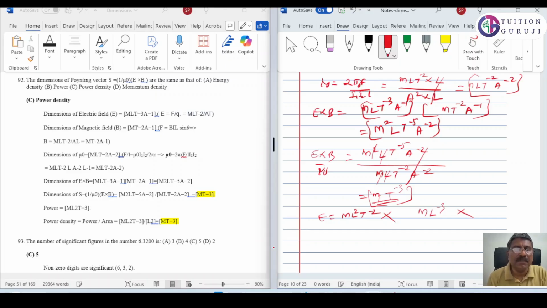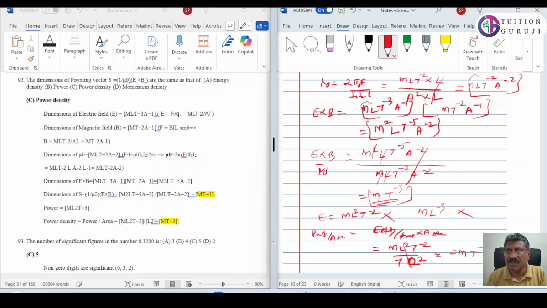Then power density and momentum density. Power density is equal to power by area. Power is equal to energy by time, divided by area. So energy is ML² T⁻² divided by time, into area, which is L². The L² will get cancelled.